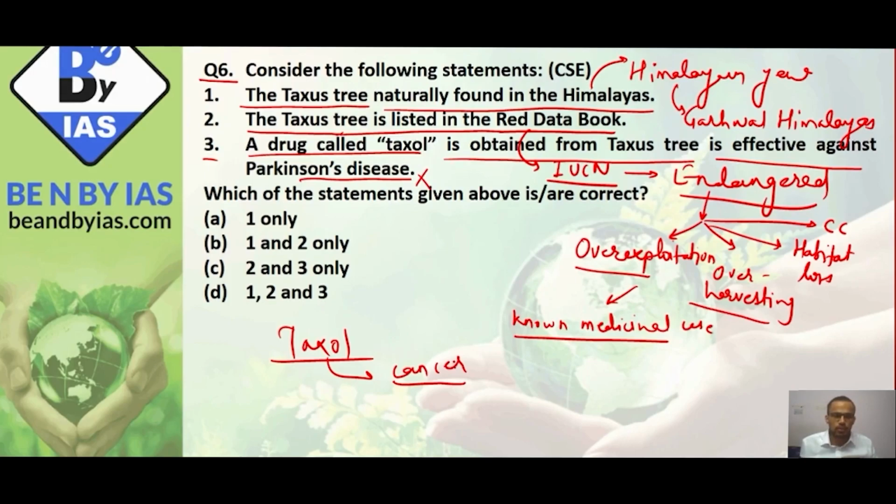It is effective for cancer treatment, especially breast cancer and ovarian cancer. For the treatment of these cancers, this taxol is useful, and hence the third statement becomes wrong. And that's why your answer is B, 1 and 2 only.